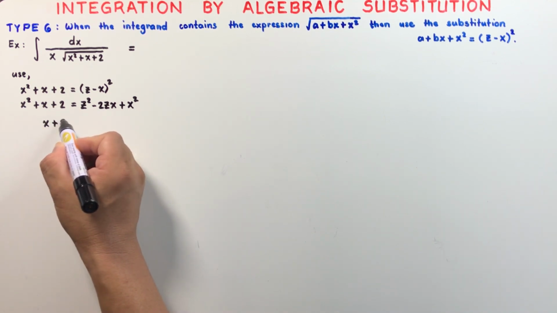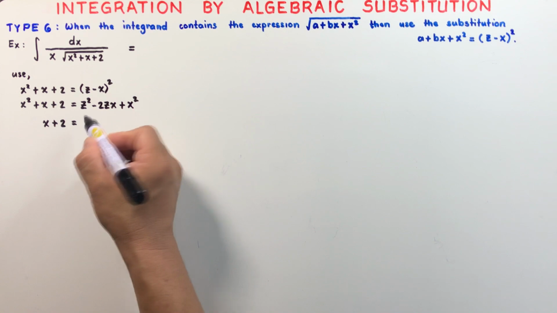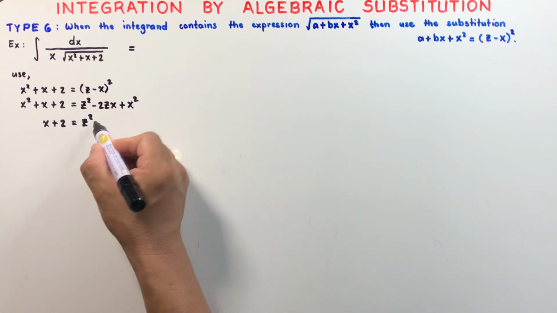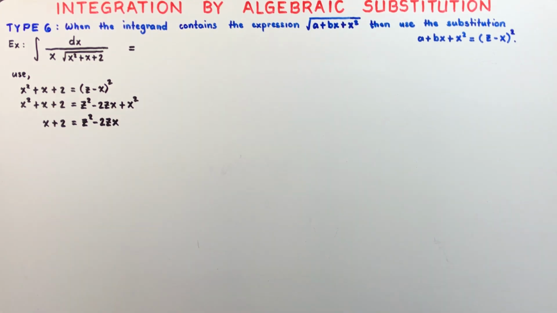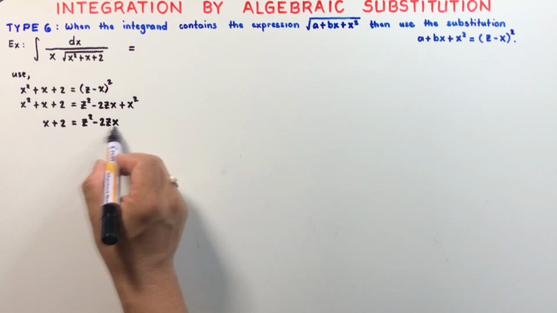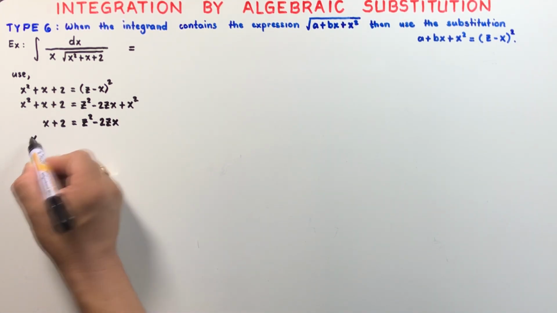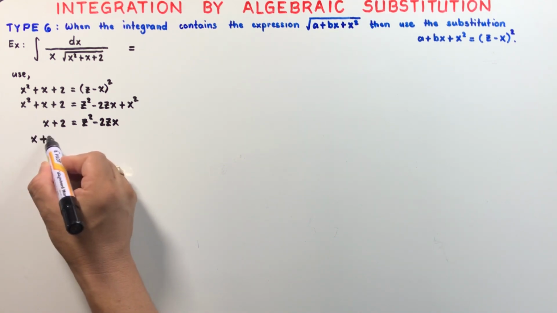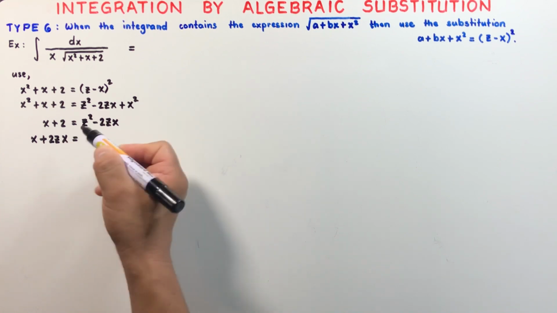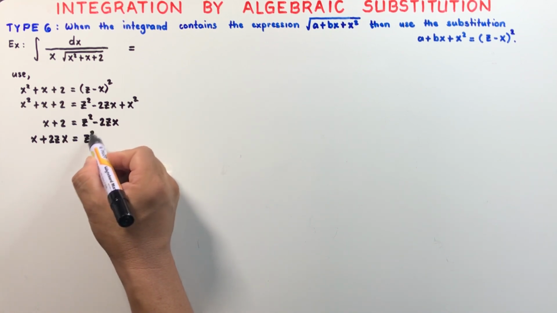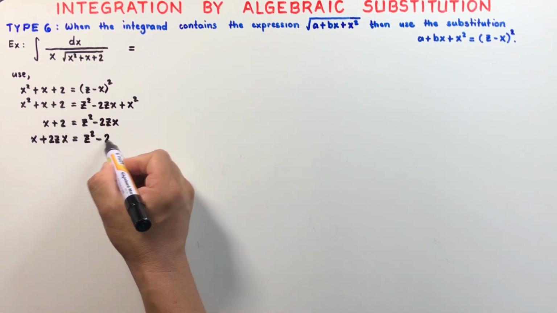So what remains is x plus 2, which is equal to z squared minus 2zx. And grouping all the terms with x's at the left side of the equation, we have x plus 2zx at the left side of the equation. And at the right hand side, we have z squared minus 2.